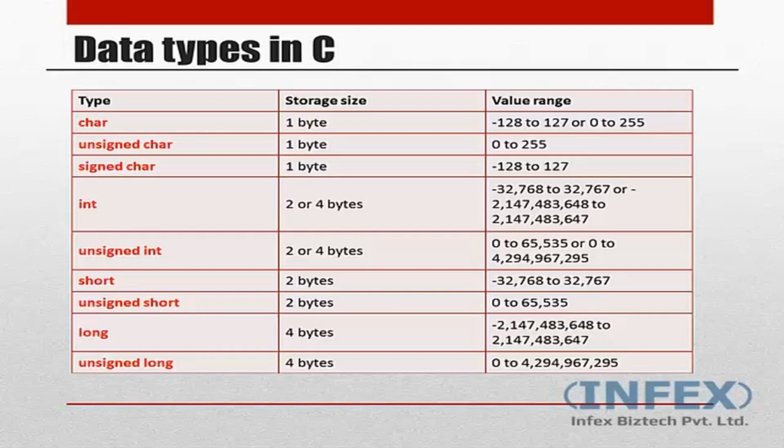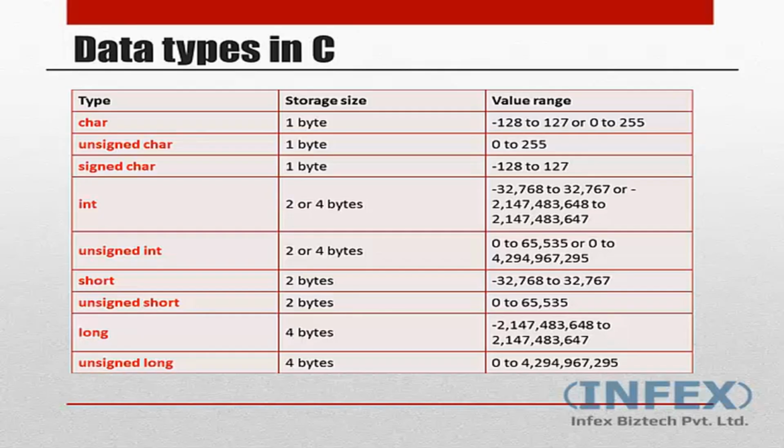Signed character has a storage size of 1 byte and it holds -128 to 127. The same case with int, which is 2 or 4 bytes, which can hold a value range of -32,768 to 32,767.